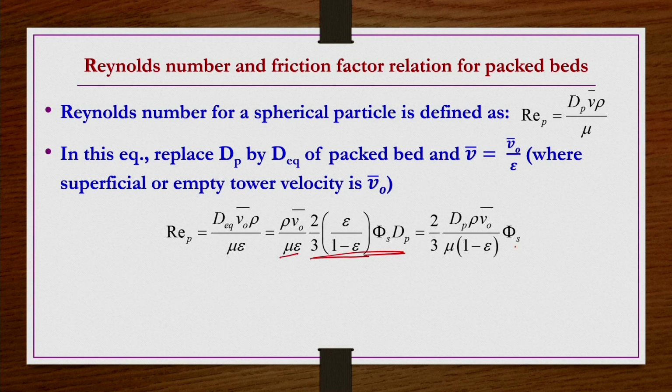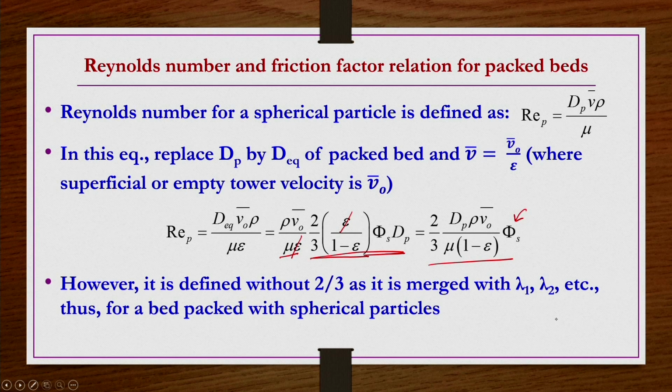So, when you write this equation, you will get 2 by 3 dP rho V naught bar by mu times 1 minus epsilon phi s. Okay. So, this epsilon and this epsilon cancel out. For a spherical particle especially, phi s equals 1, right.